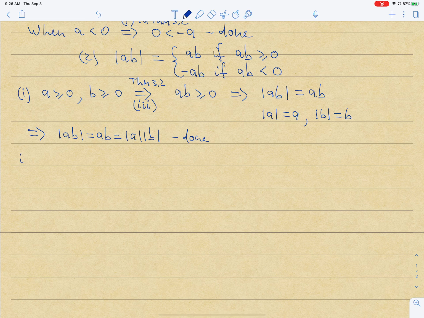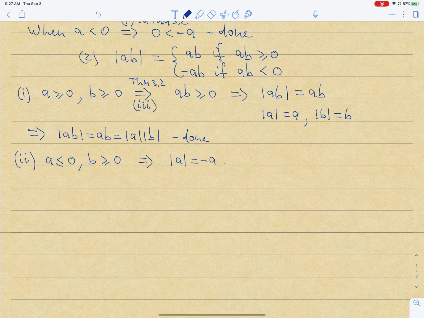Item number 2, let's say A is less or equal than 0, B is greater or equal than 0. So what should we expect in this case? In this case, if A is less or equal than 0 and B is greater or equal than 0, then we know that absolute value of A is equal to minus A, right?